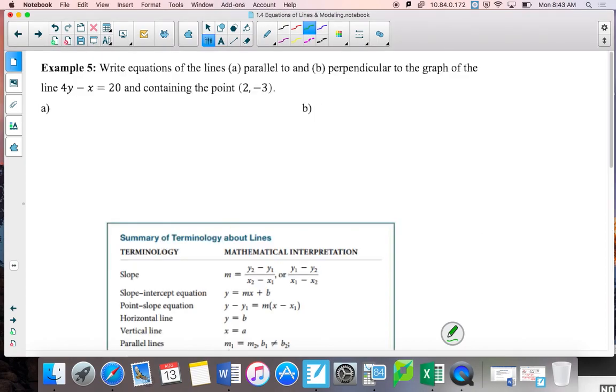Okay, so now what it would like for you to do is to write the equations of the lines that would be parallel and perpendicular to that line and going through the point 2, negative 3. The very first thing that we need to do with this line is to figure out what its slope is, because whenever we're dealing with parallel and perpendicular, it's all revolving around slope. So I'm going to start by getting it y equals so I can identify what the slope is.